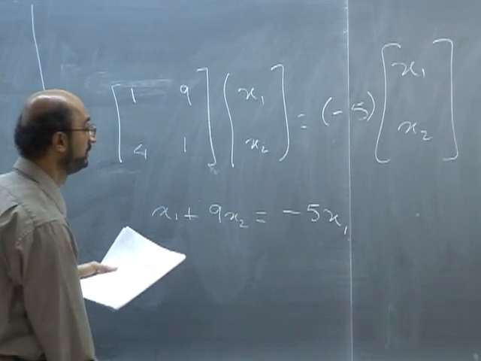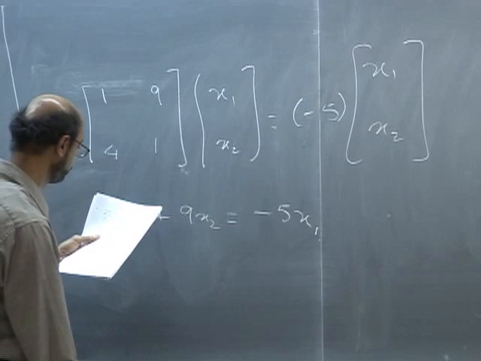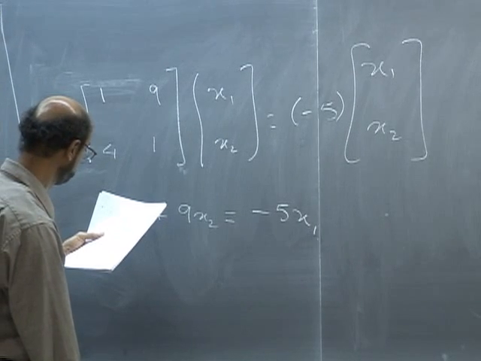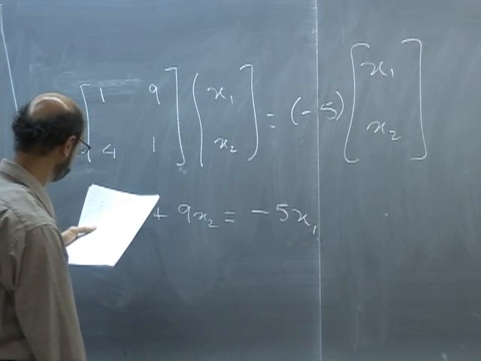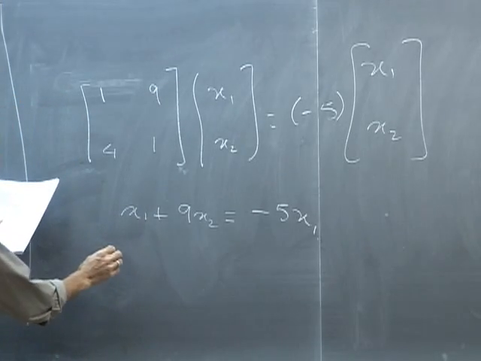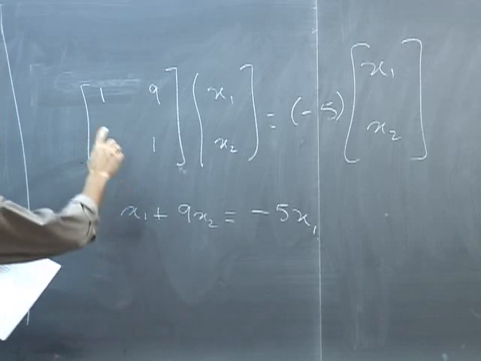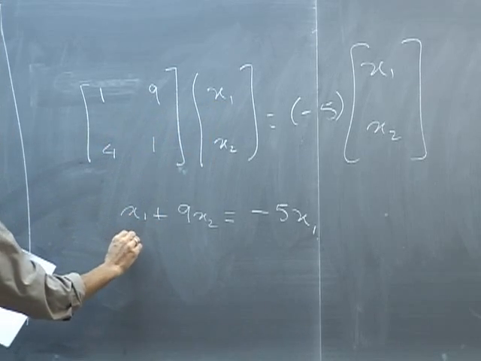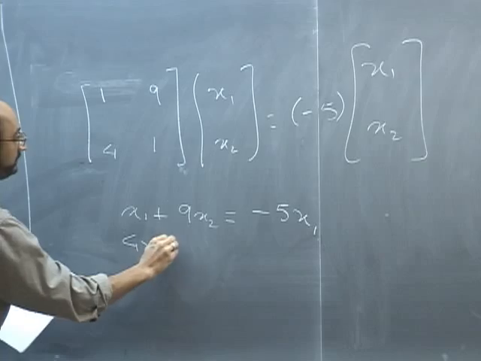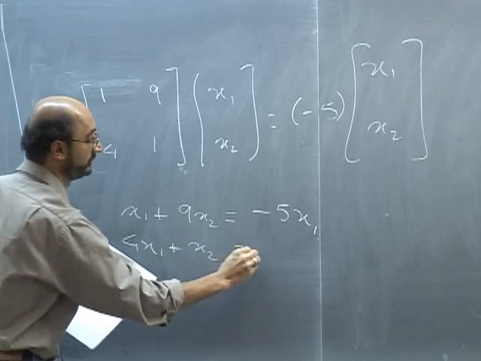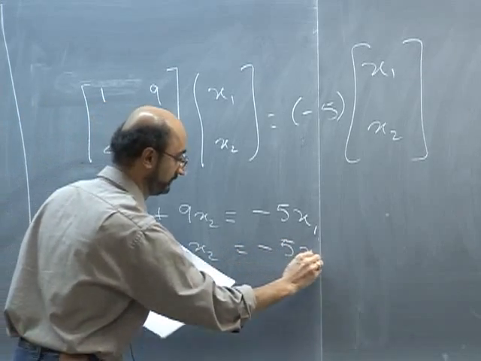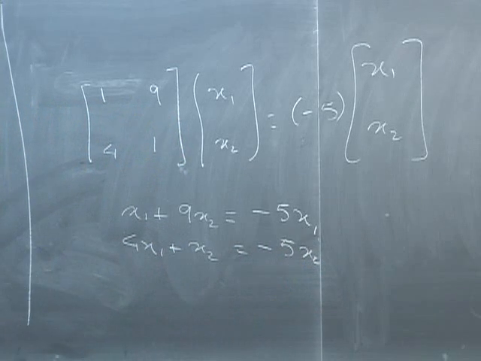That's right for the first row, and the second one is that 4x1 plus x2 equals minus 5 x2.